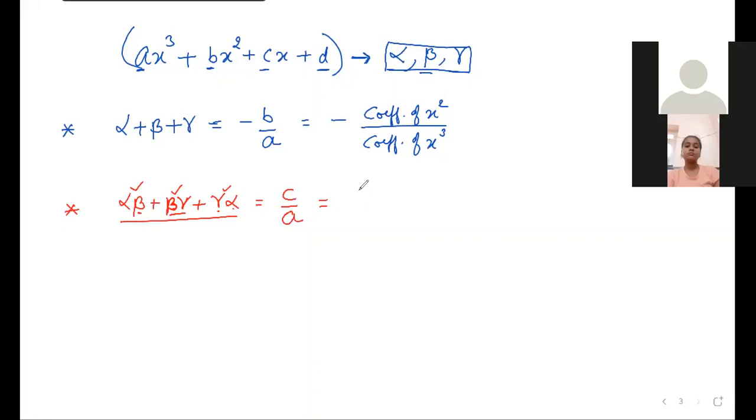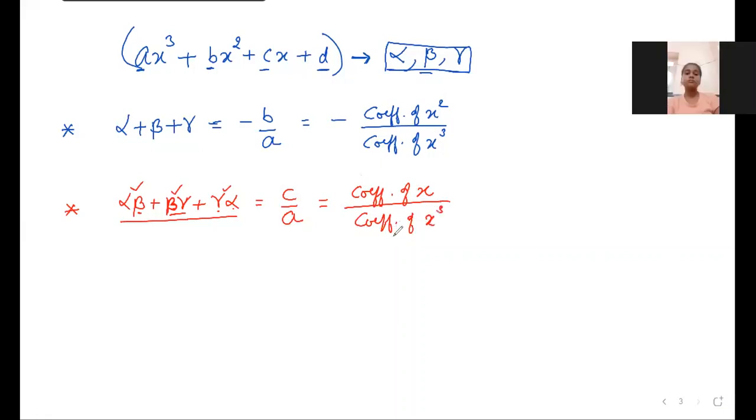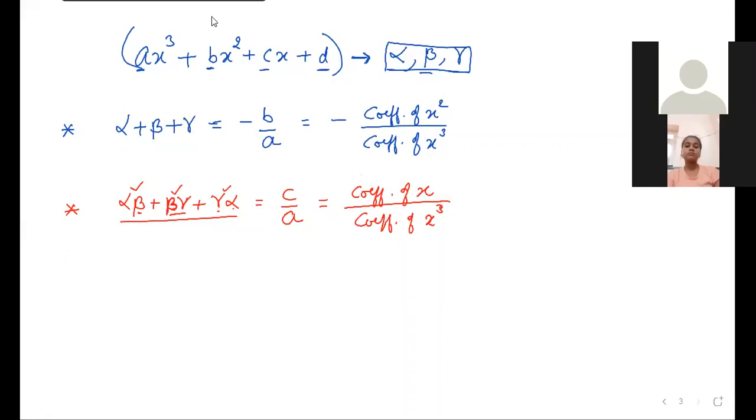where C is the coefficient of x upon A, the coefficient of x cube. Then there is one more relation, that is the product of three roots, alpha, beta and gamma.